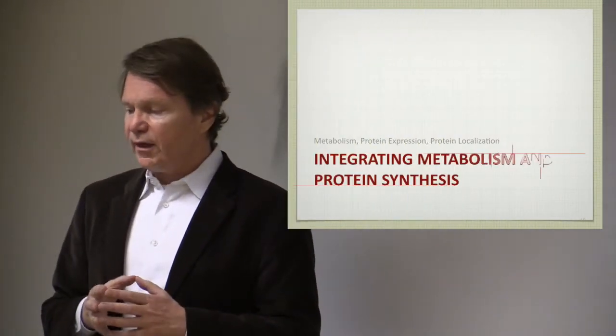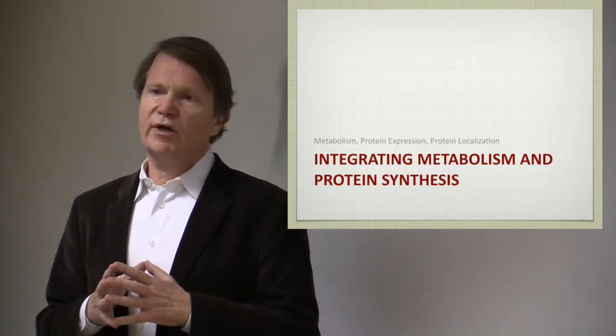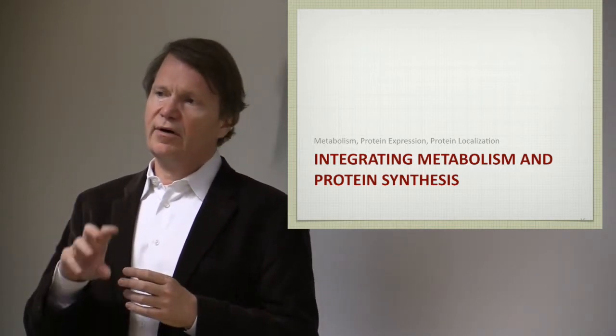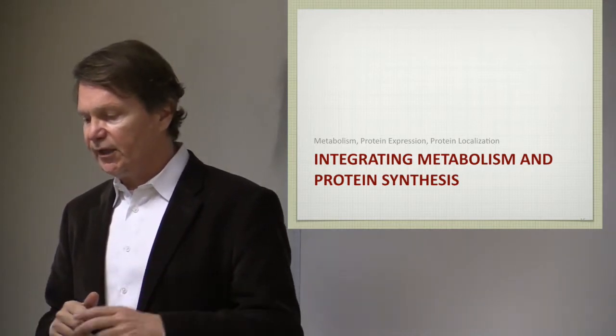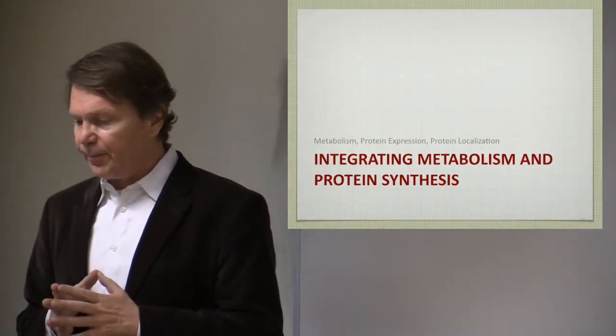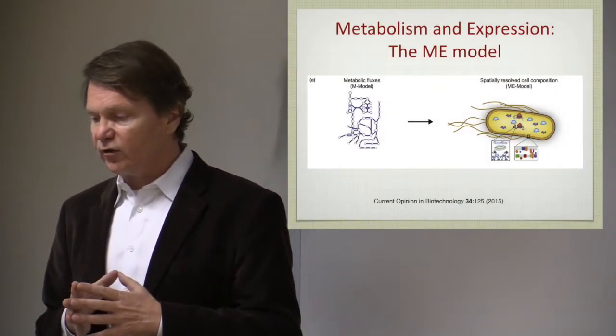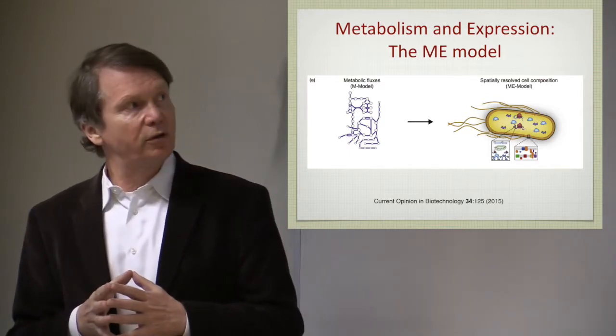So with a network like this being built, you can actually integrate it with metabolism. So the proteins are needed to produce the metabolites, and the metabolites are needed to build the proteins, build the nucleic acids, and so forth. So this led to the construction of a new set of models that are called ME models, for metabolism and expression.